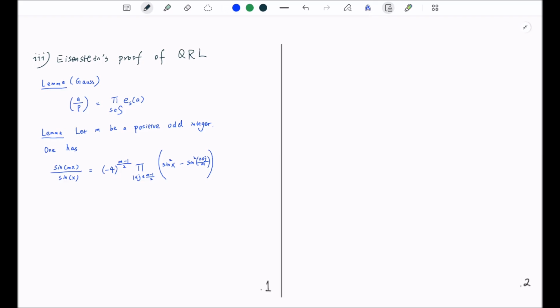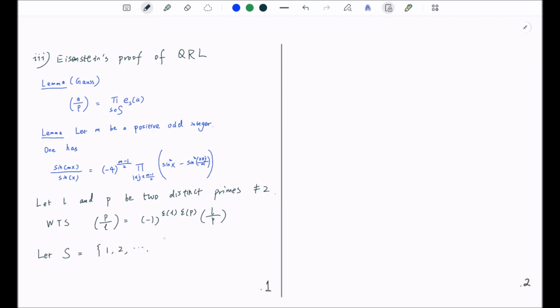Let L and P be two distinct primes, different from 2. And we want to show that the Legendre symbol of P modulo L is equal to -1 raised to the power epsilon L epsilon P times the Legendre symbol of L modulo P. To use the Gauss lemma, as before, we're going to take S to be the set of integers 1 up to P minus 1 divided by 2.